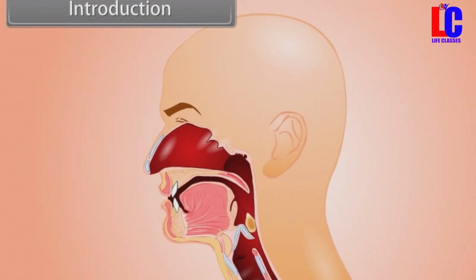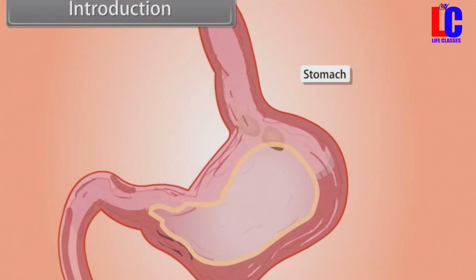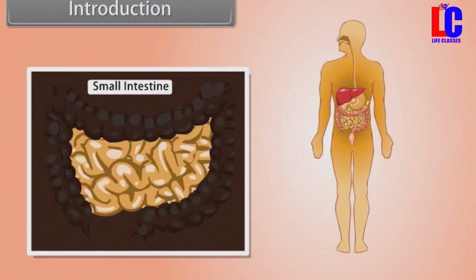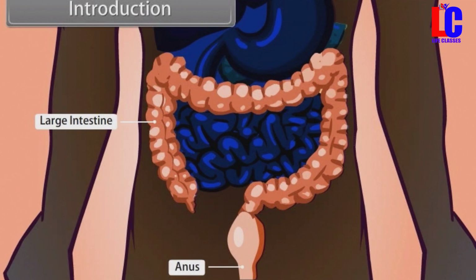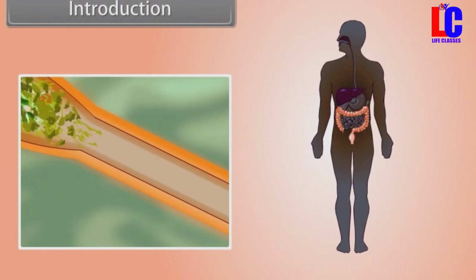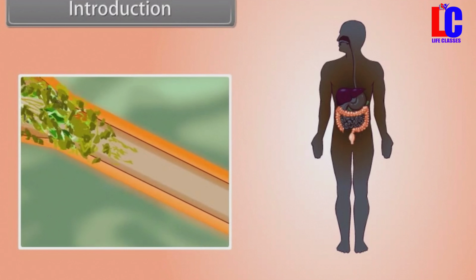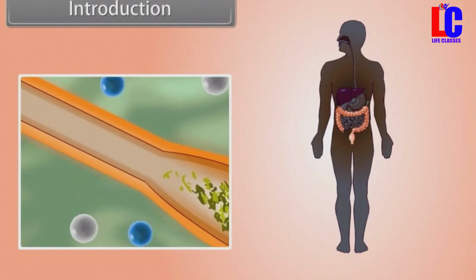Yes, through the mouth and then through the esophagus, food goes to the stomach where digestion of protein starts and then food enters into the small intestine from where the undigested food goes to the large intestine and is then ejected out from the body through the anus. After the digestion of food, the nutrients are absorbed from the digested products. So, throughout this module, we will learn digestion and absorption.